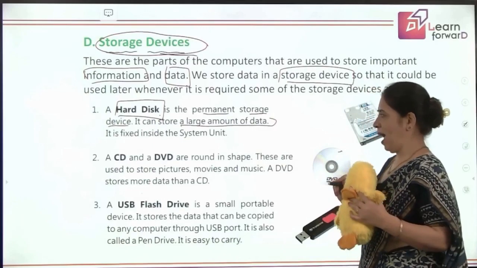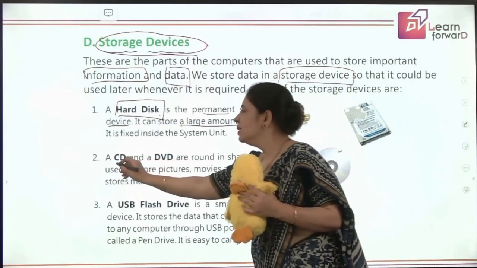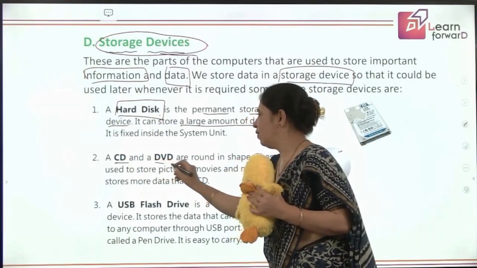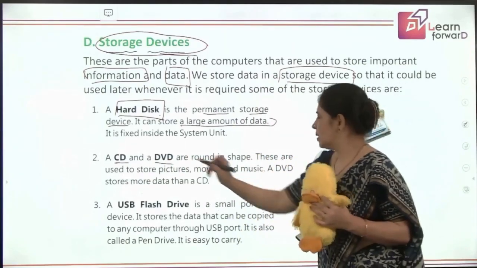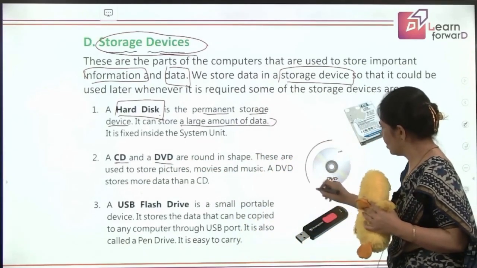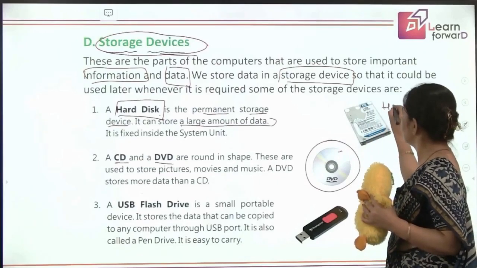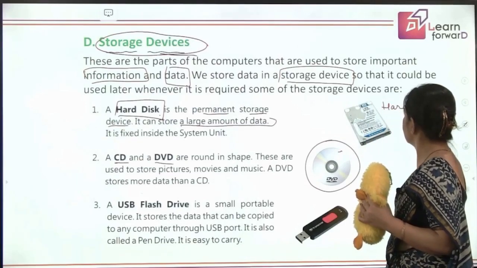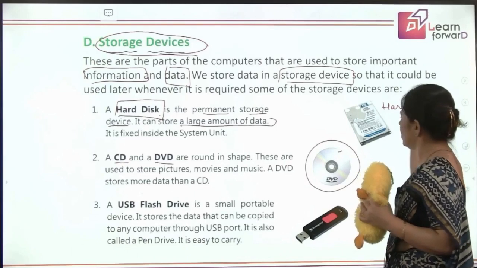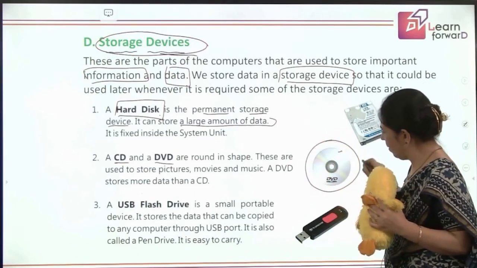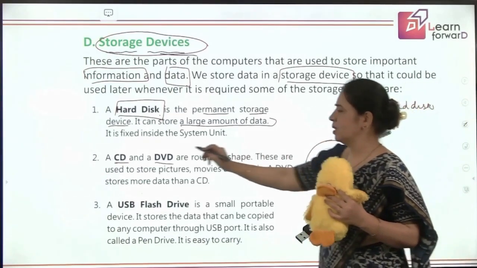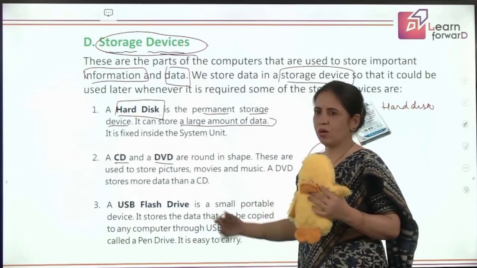Correct? And then we come to CD and DVD. Look at the image. This is a CD and this was the hard disk. Okay? We are going to explore it further later.